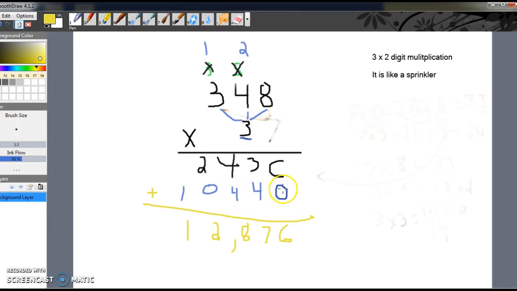Once you go to your next place value, make sure you put a 0 here. That's why it's a little bit different color. And then you go back to the beginning. 3 times 8 is 24. And continue to go through. Just think of it as a 348 times 3. And that is how you do a 3 by 2 digit multiplication.